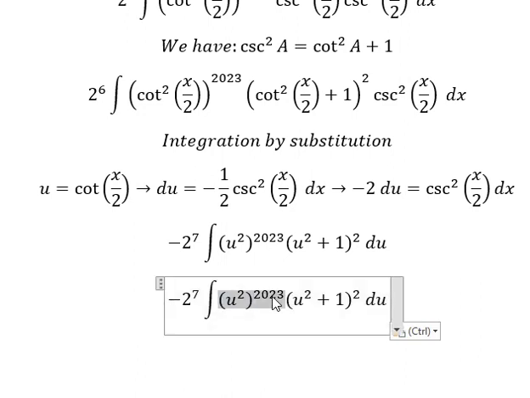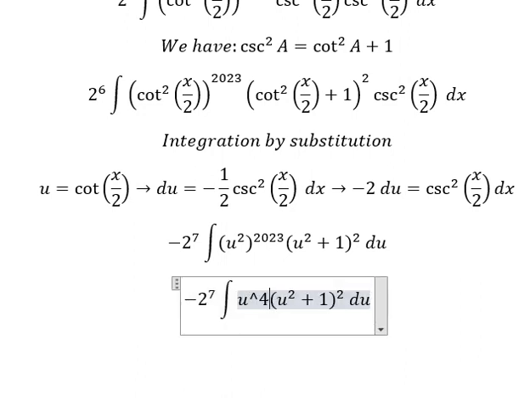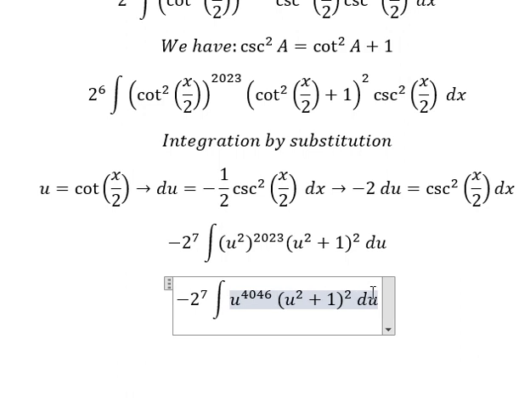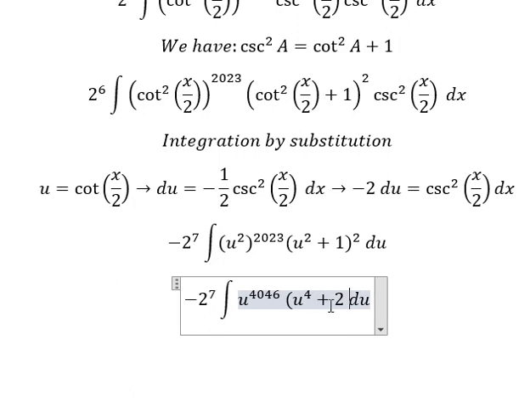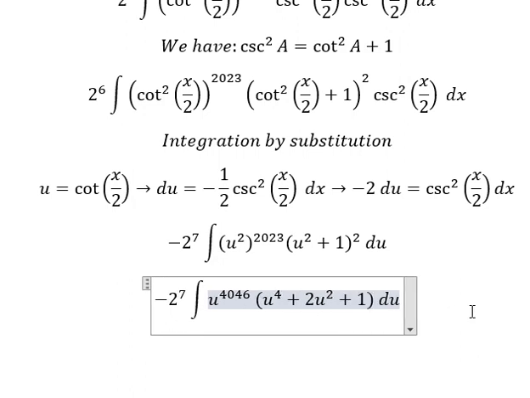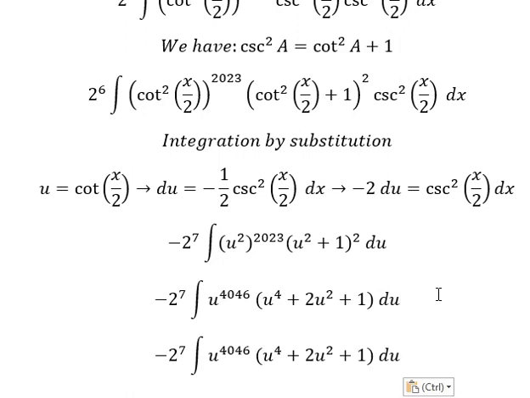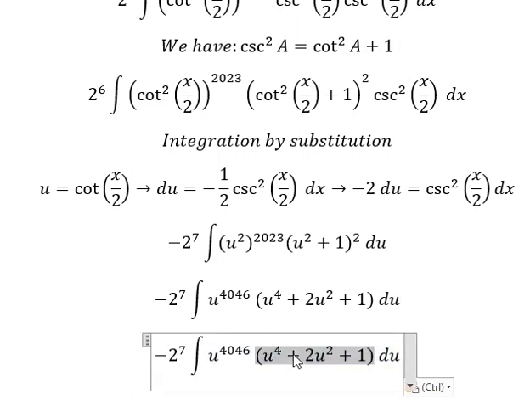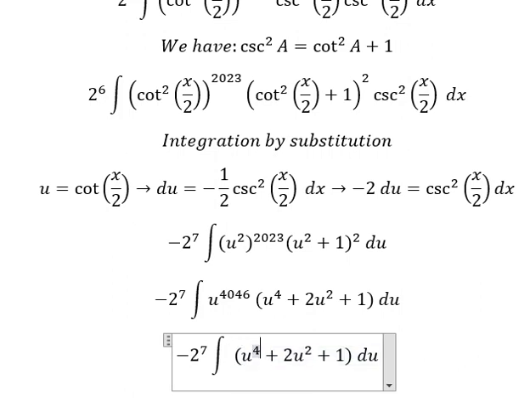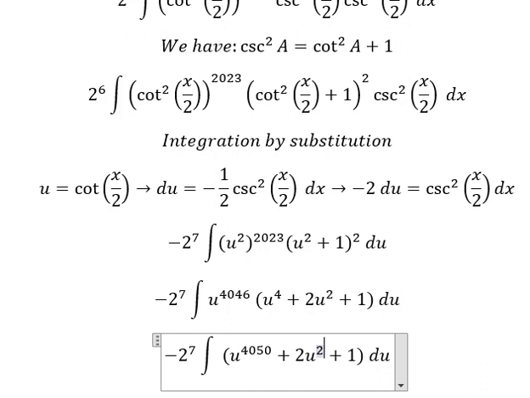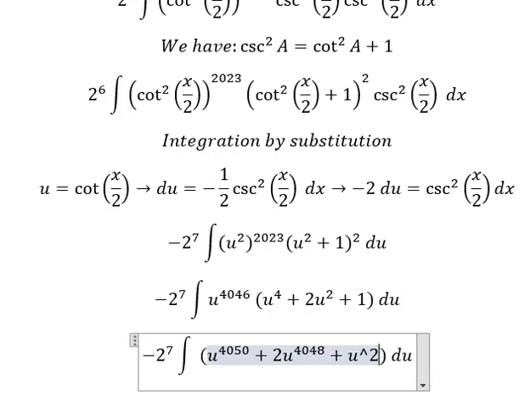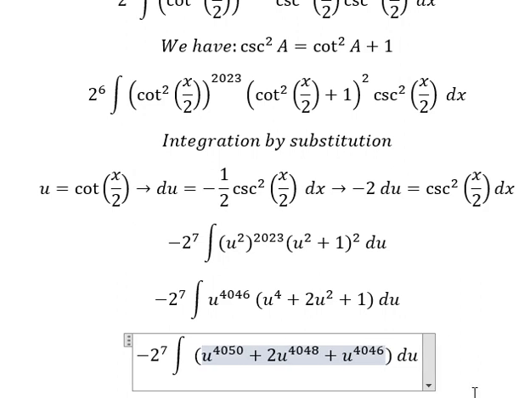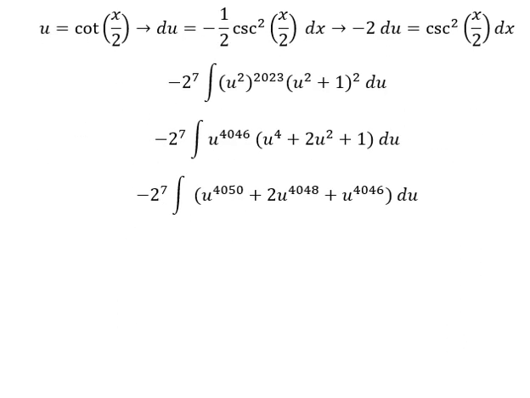So this one we have u to the power of 4, and this one we need to expand. Now this one multiplied by this one, and we have it like this. Now we have the formula in here.